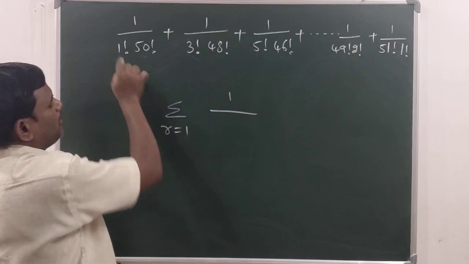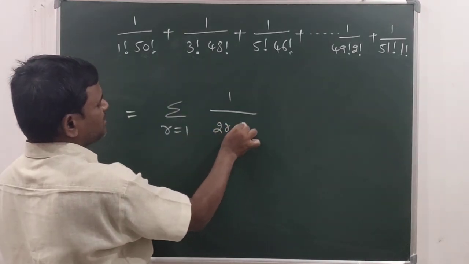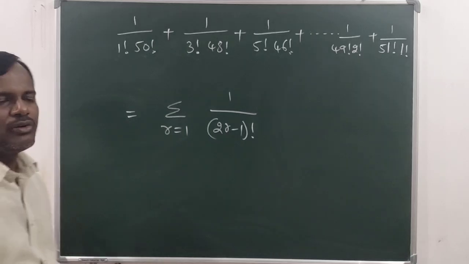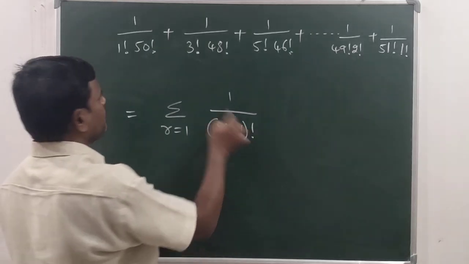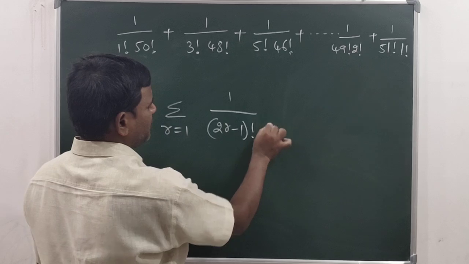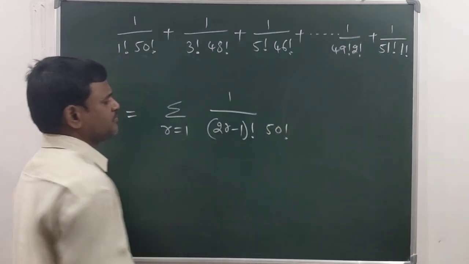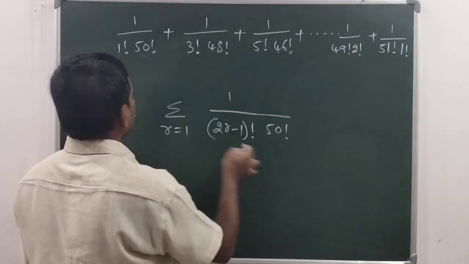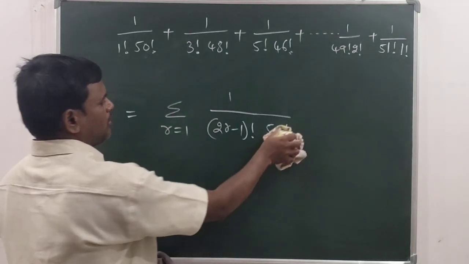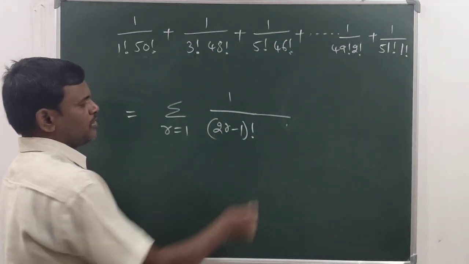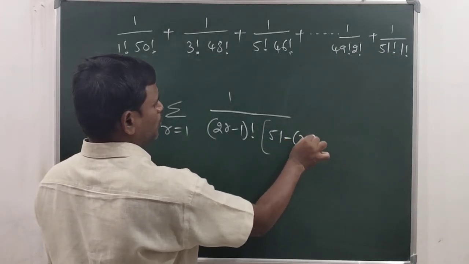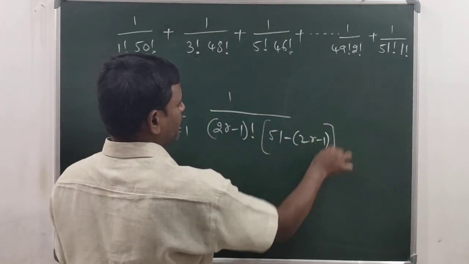See, this 1 you can write as (2r minus 1) factorial. Here 50 is there. Write this 50 as it is. Here 48 is there. Now 50 I can write as (51 minus (2r minus 1)) factorial.